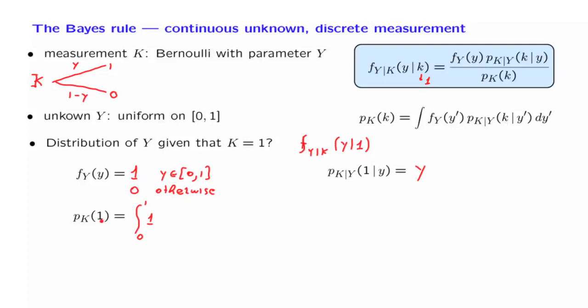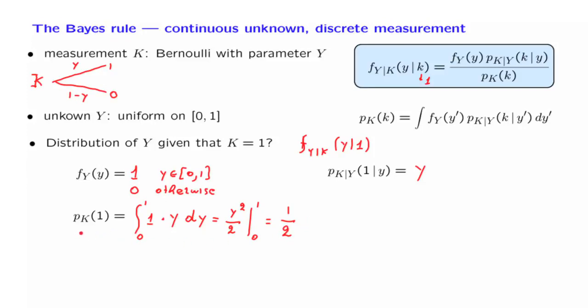In this case, we're dealing with a value of 1, so here we're going to put a 1 instead of k. And therefore, we're dealing with this expression here, which is just y, and we integrate it over y's. So this is y squared over 2, evaluated at 0 and 1, which gives us 1/2.